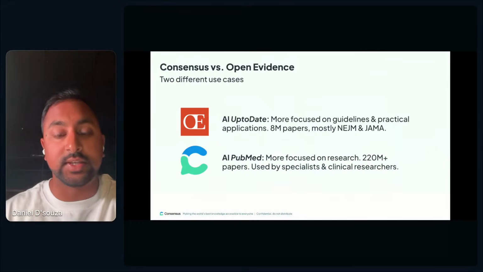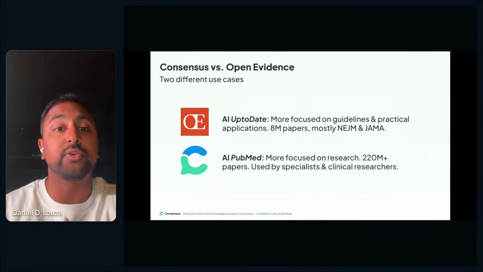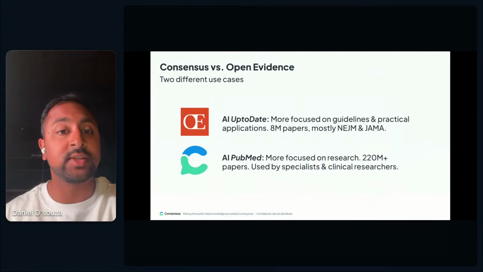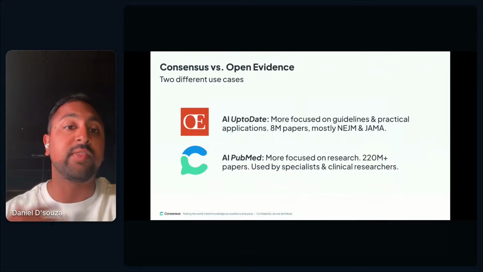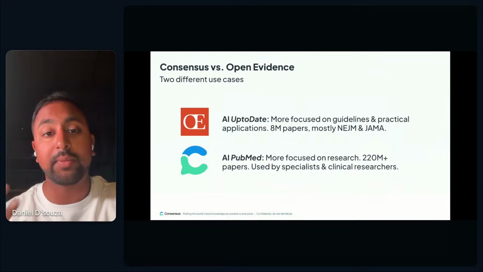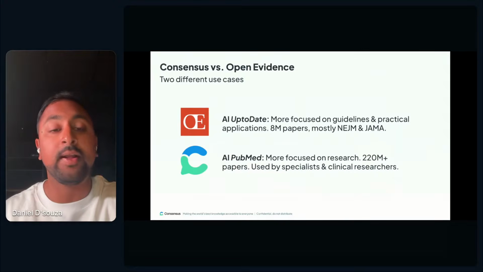Just a quick slide, because many of you are practicing clinicians and may have heard of OpenEvidence. It's quite popular for clinicians. The best way to describe the difference between Consensus and OpenEvidence is you can think of OpenEvidence like an AI UpToDate. If you've used UpToDate before, it's focused on guidelines and practical applications. OpenEvidence has about 8 million papers and mostly focuses on the New England Journal of Medicine and JAMA.